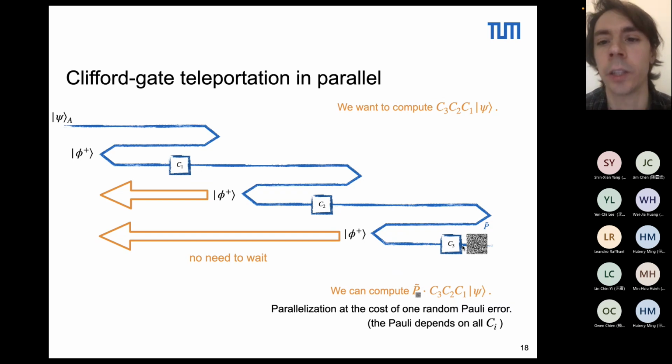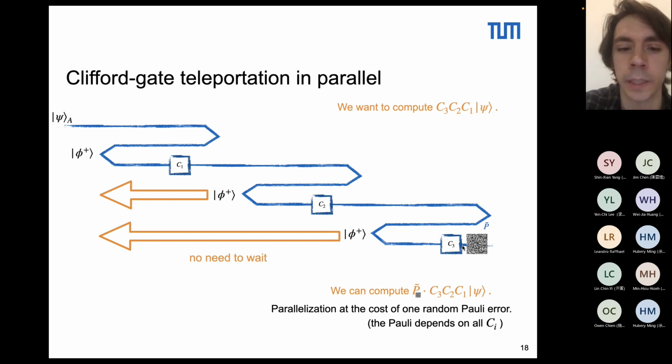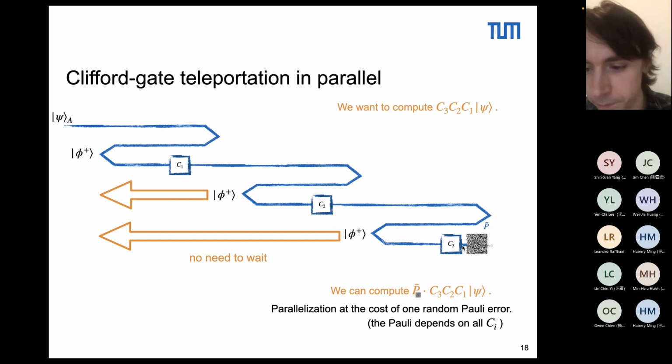So essentially what we've done is we've parallelized the computation C1, C2, C3 at the cost of one random Pauli error at the end on the left side. And this Pauli depends on all Ci and also on all intermediate measurements, where on the right side of these circuits are the Bell measurements.